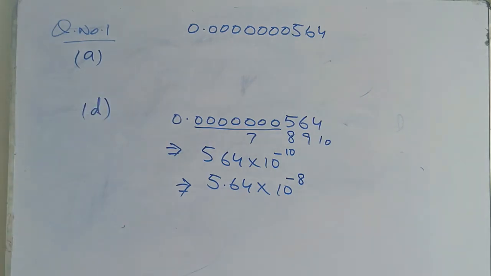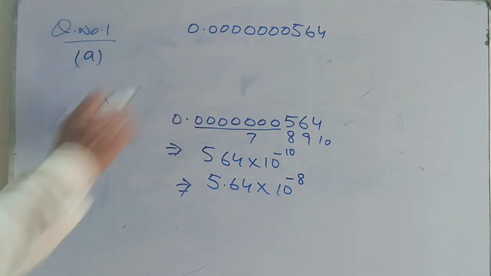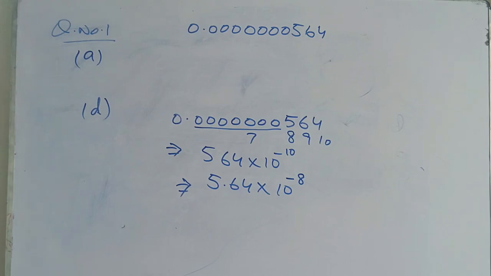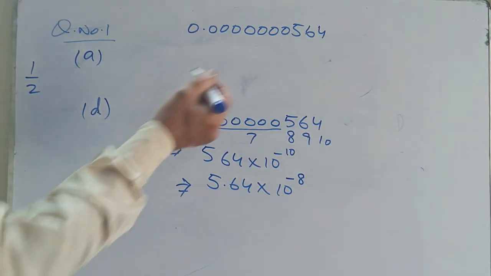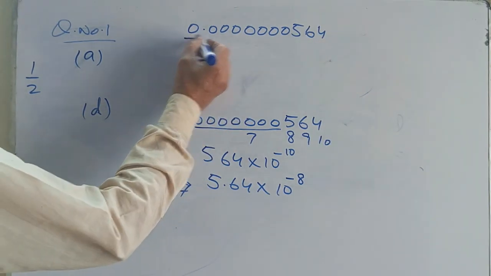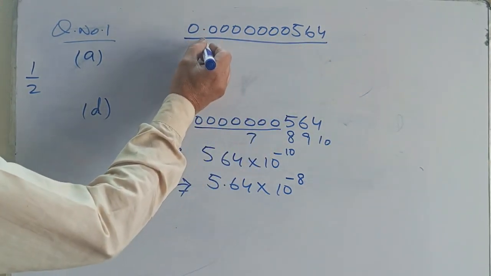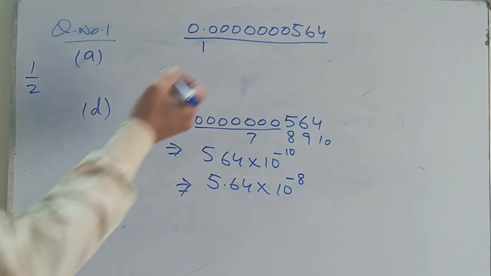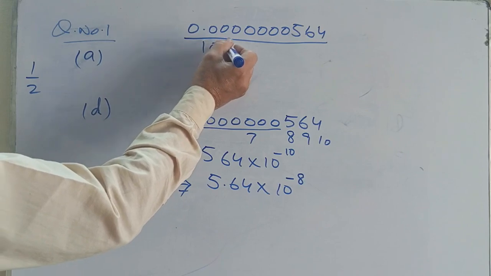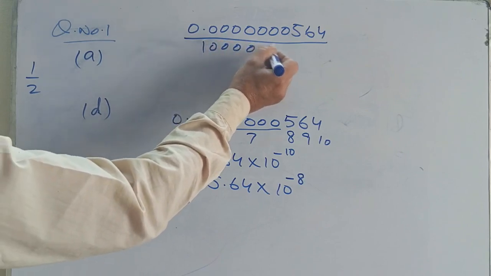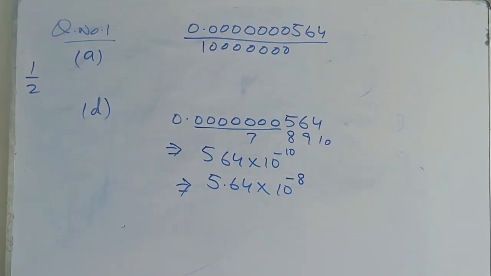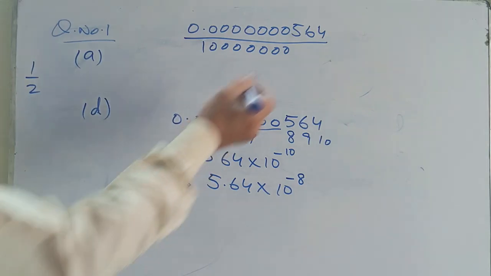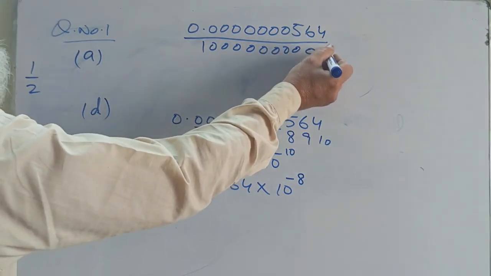Now suppose we want to make this into a common fraction. This is the example of a common fraction. Here we place 1 under the point, and then zeros, 1 2 3 4 5 6 7 zeros, 8 zeros, 9 zeros, and 10 zeros.